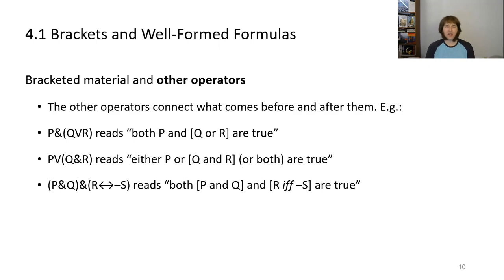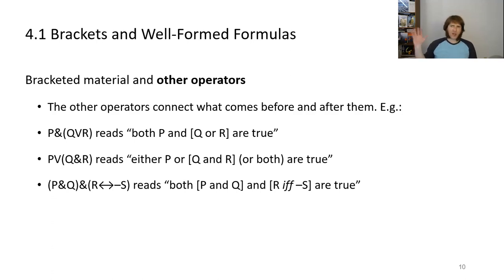So the second logical unit, the second conjunct being connected here, is the complex statement R, if and only if, not S. So what that's telling us, that second complex statement, it's saying either it's true that both R and not S are both true at the same time, or they're both false at the same time. Remember, that's what the biconditional tells us.